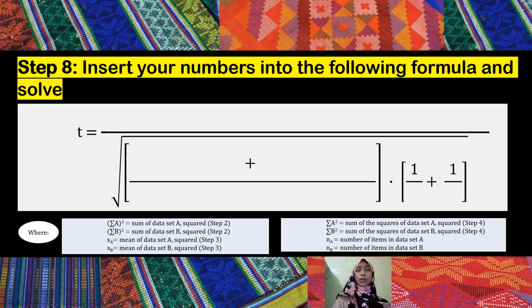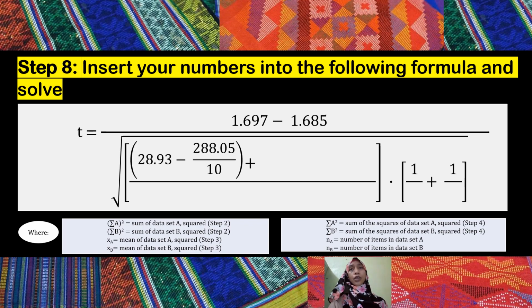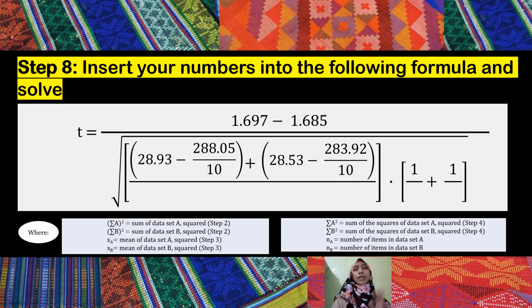And then we insert the numbers. That is 1.697 minus 1.685, and then 228.93 minus 288.05 divided by 10 plus 28.53 minus 283.92 divided by 10. And then under, we have 10 plus 10 minus 2, and then 1 over 10 plus 1 over 10.